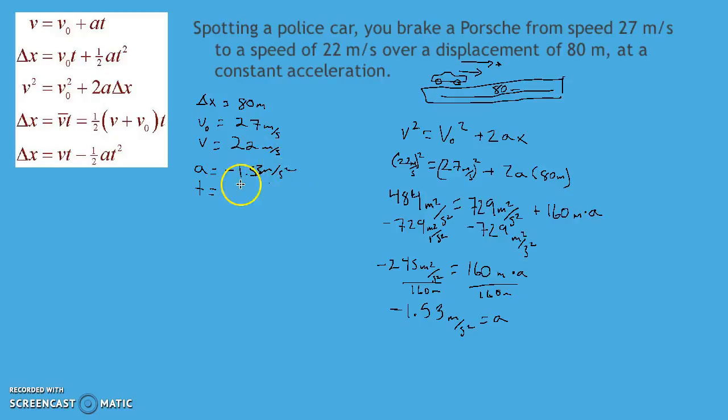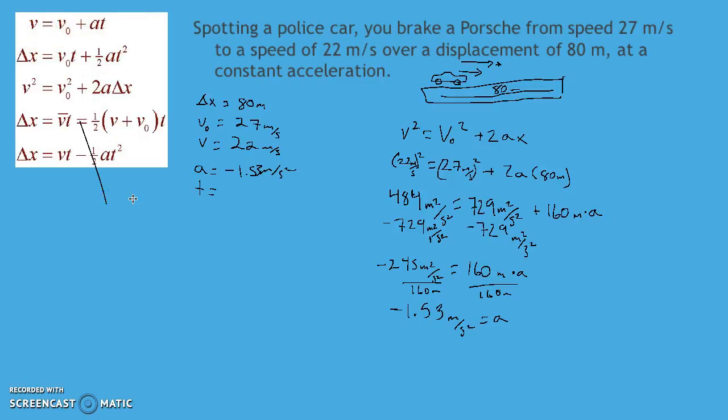So we had to round this value for acceleration, and so it might be better to use this equation right here because we haven't had to round any of those numbers yet, and so our answer might be more accurate. Okay, but at the end of the day, that's not something that matters a whole lot. So if you wanted to use, say, this first equation right here to find time, you could.